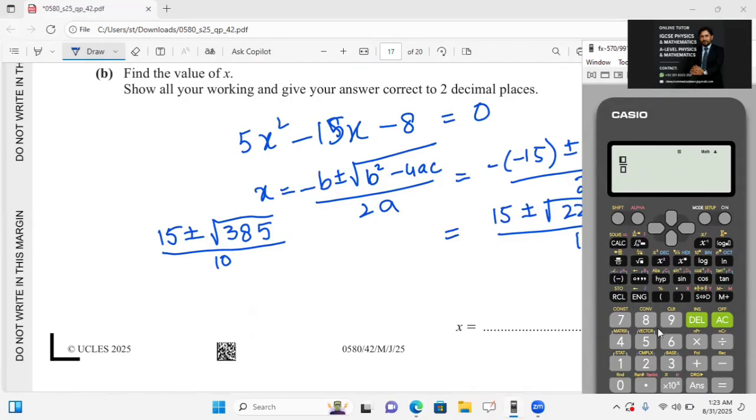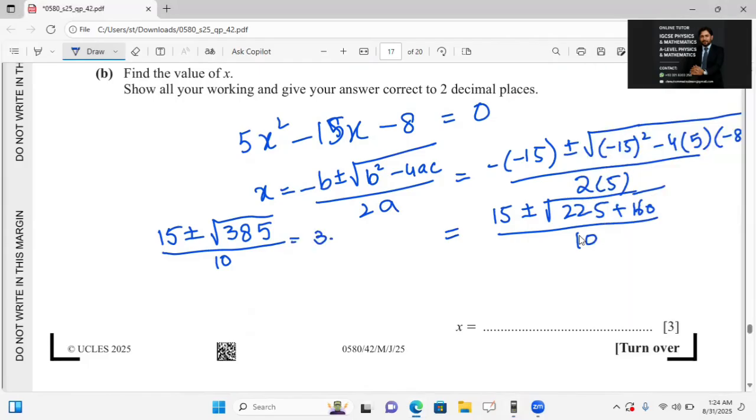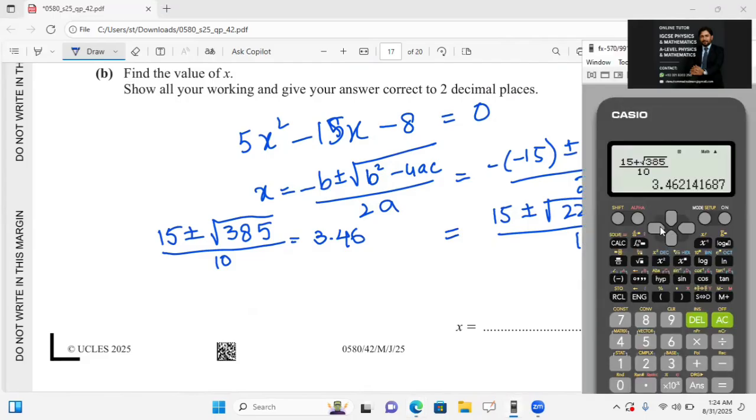Fraction introduced first of all: 15 plus the square root of 385, divided by 10, equals 3.46. Let's go for minus also. It means I will have to change this sign, that is minus, equals minus 0.46.